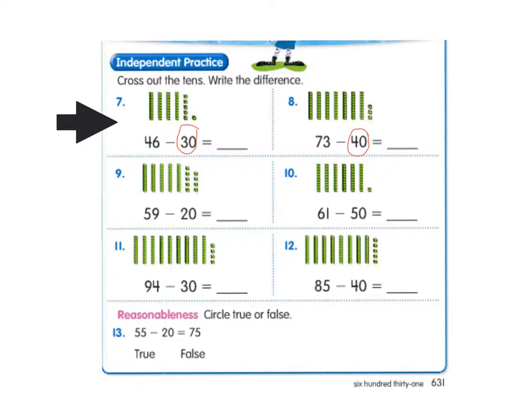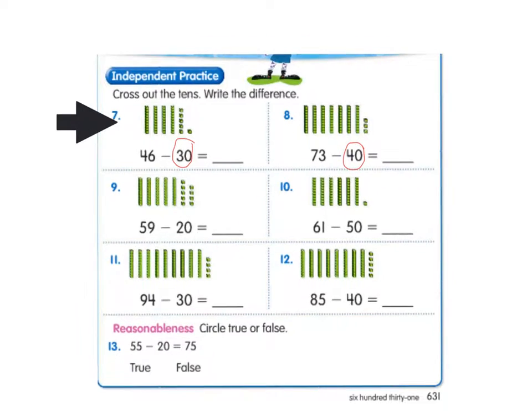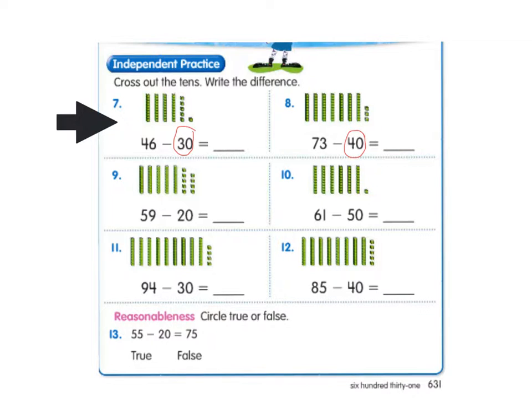And the way I'm going to do that is by going 10, so I'm going to take my pen, 10, 20, 30. So that's what you're going to do on your paper. You're going to cross out 3 10s or 30. Okay? And then I need to count how many I have. 10, 11, 12, 13, 14, 15, 16. So I have 16 left over, and that's what I'm going to write as my difference.